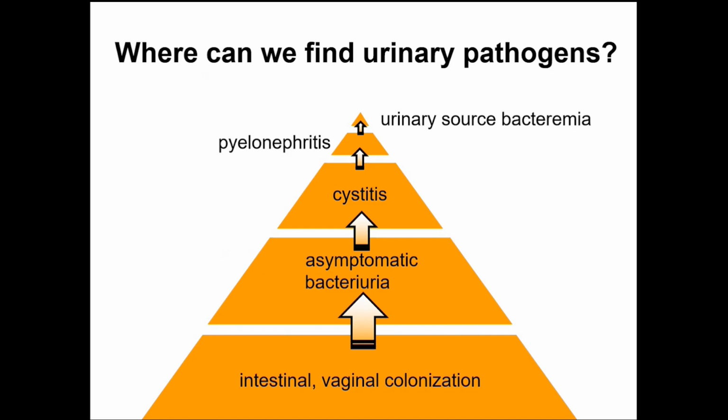There is a subpopulation that at any given moment may have bacteria in the urine but don't have signs or symptoms of the UTI. There are those with cystitis and certainly pyelonephritis, and then there's a smaller proportion of the population that will actually have bacteria in the bloodstream and generally have come to medical attention by that point.